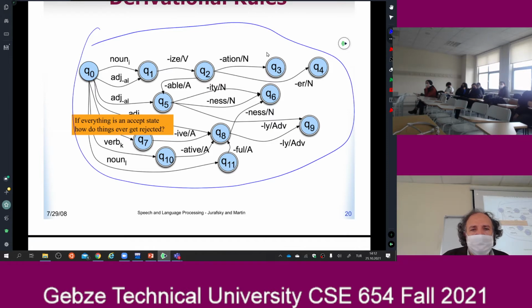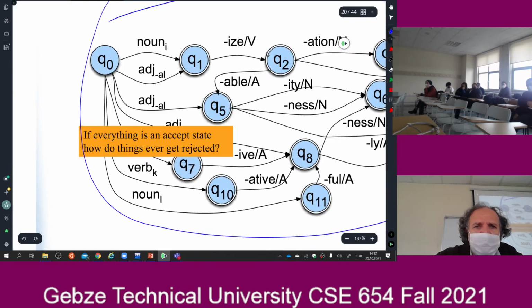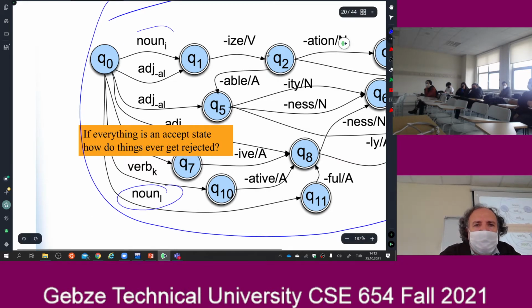Okay. So as you see, this is noun I, this is noun L. What do you think is the difference between noun I and noun L? They both start from Q0.